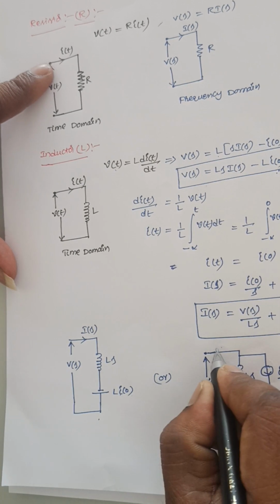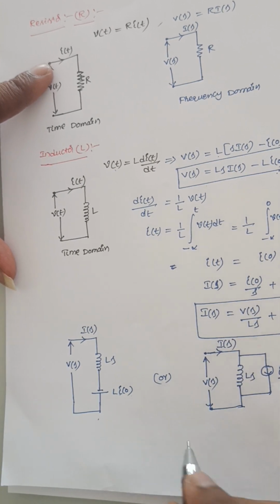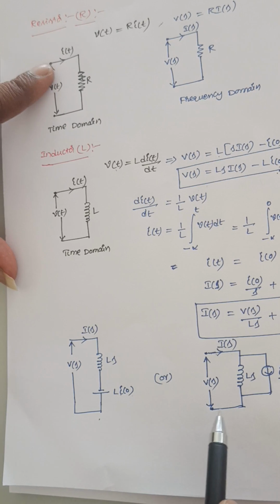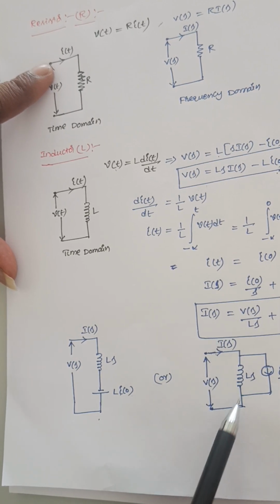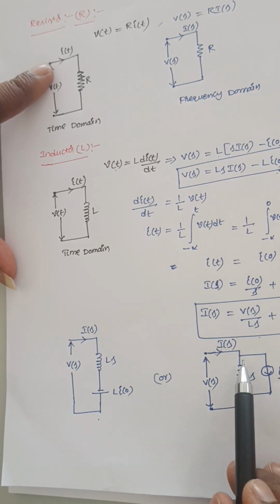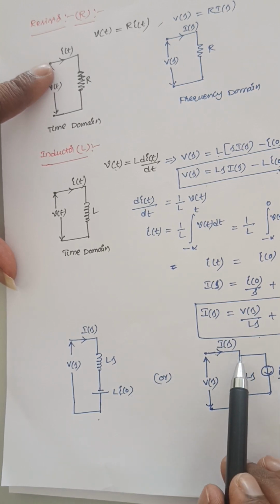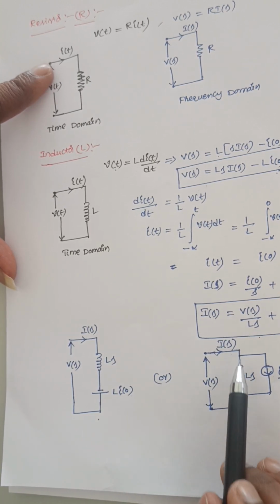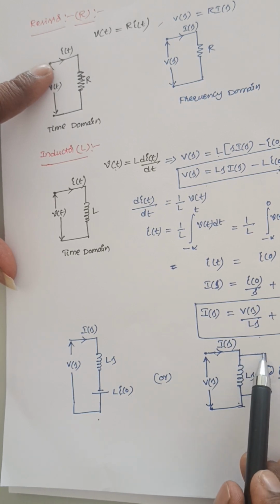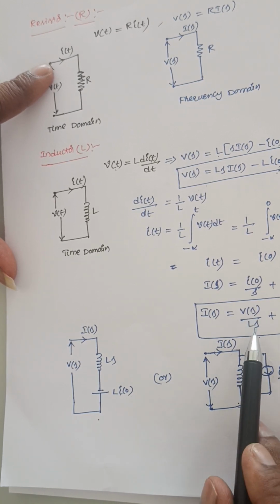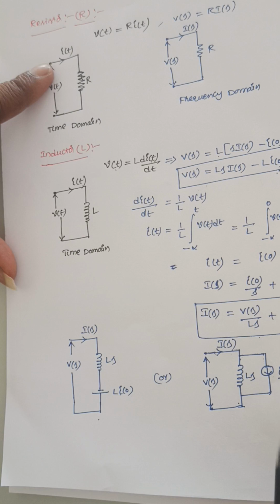This is I of s. Now this I of s is equal to this voltage V of s divided by Ls plus this current I of 0 by s. If I apply the KCL at this point, this current is equal to this current plus this current. This current is V of s divided by Ls. This current is I of 0 by s.